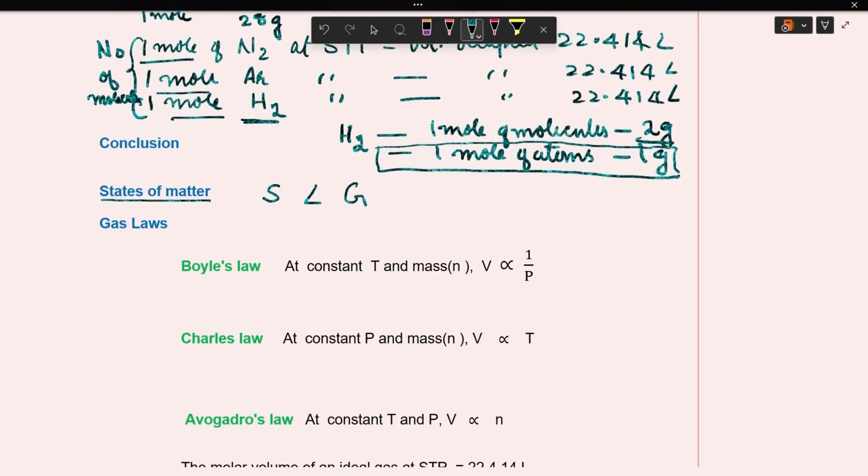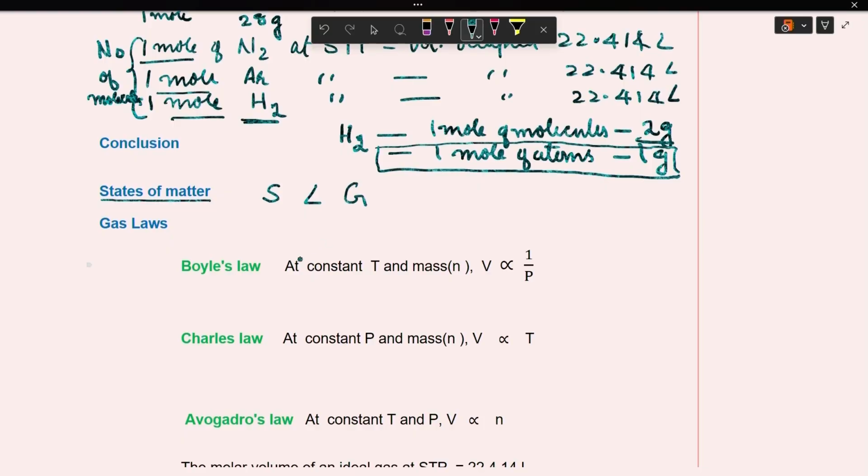Normally, we have only solid, liquid and gas states. Now, we have gas laws. Gas laws are formulated from a theory which we will be seeing in detail later, that is kinetic theory. And from kinetic theory, we get some quantitative relations between temperature, pressure, mass, volume, etc. And for that, we have certain laws known as gas laws.